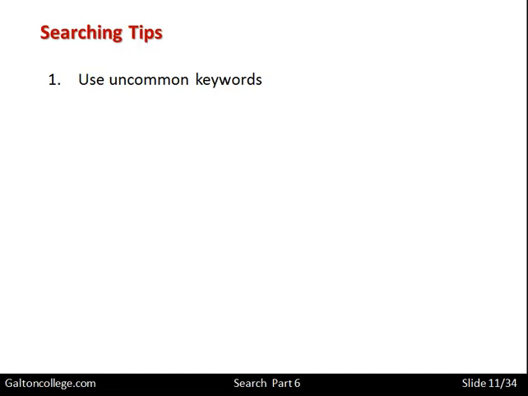Try to use uncommon words, which may seem a bit strange, but uncommon words will refine our search for us. If we're using common words, then there will be many sites that will contain that as a keyword, and we will have far too many hits. We'll have to scroll through many pages of hits trying to find the right site. So if we can use words which are slightly unusual, then that will help us to refine our search.